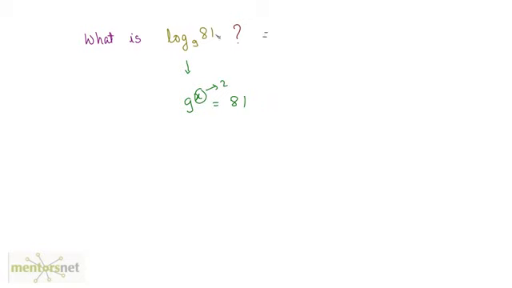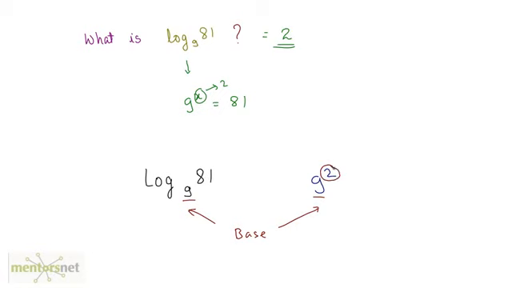Hence, log of 81 to the base 9 is going to give me 2. So in these two terms, we have 9 as the base, and the log of that number, in this case 81, is the exponent of 9 that is going to give me this number 81. Is that correct?